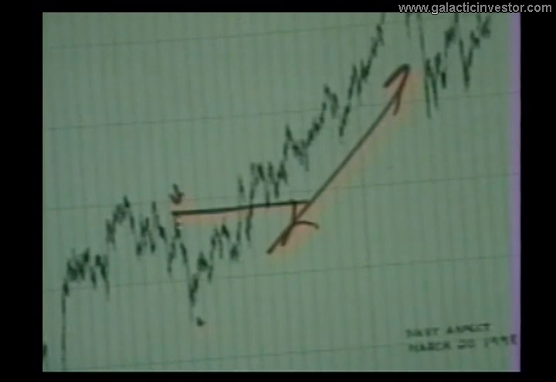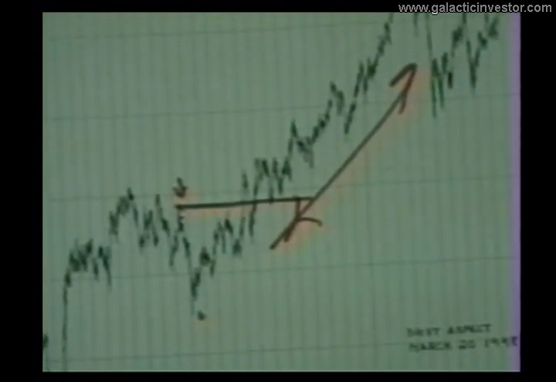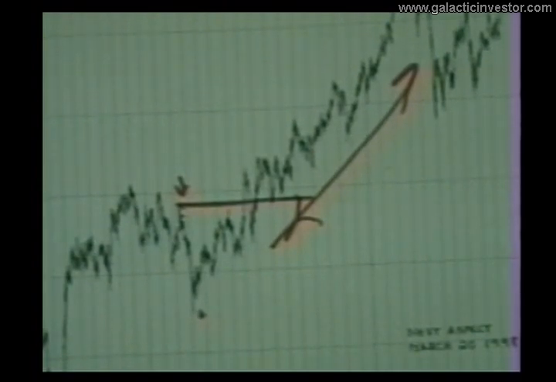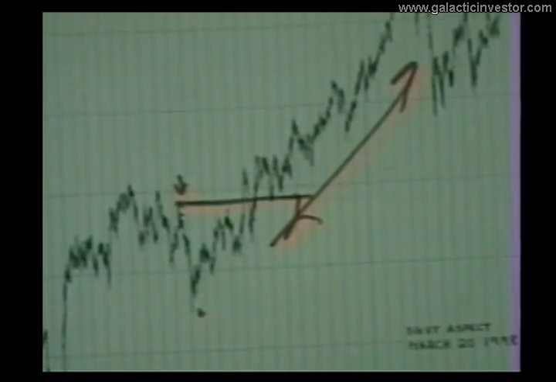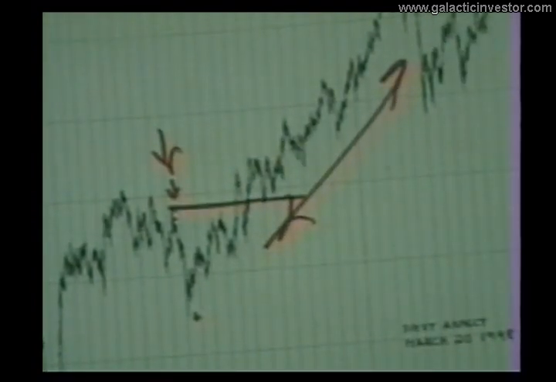So this is the pattern whenever you have a Jupiter node aspect, and all you have to do is ask the computer to put on all your charts the Jupiter squaring the node aspect, and it will do it, and you can research it yourself and see that once this high is taken out, the market will move up significantly into new highs. The next aspect of this is March 20th, 1998.